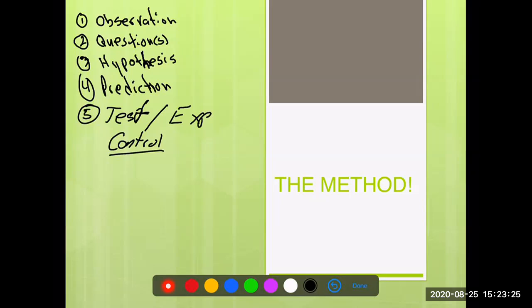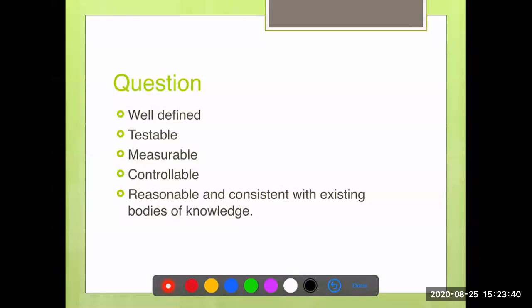Okay, it's the question and the hypothesis that I want to make a big deal out of in this presentation. This is the part that isn't really talked about in rich detail, I feel, when the scientific method is discussed. So let's look at the question in a little bit more detail. For the scientific method to work, a question must be well defined.